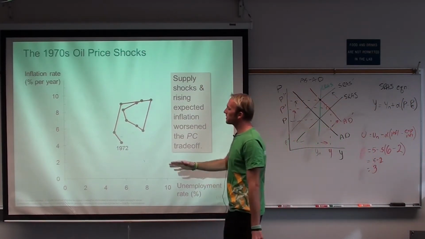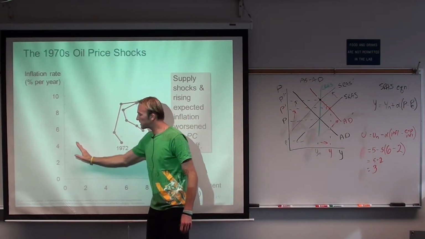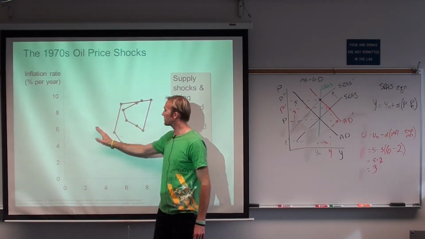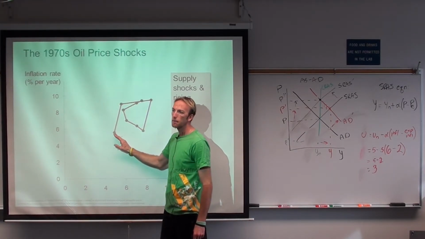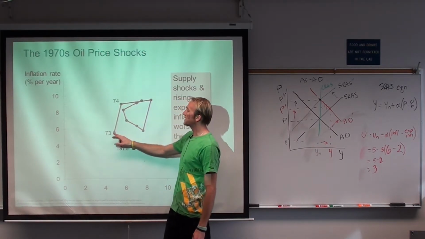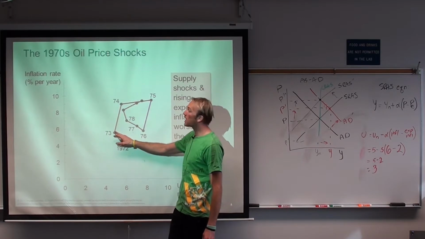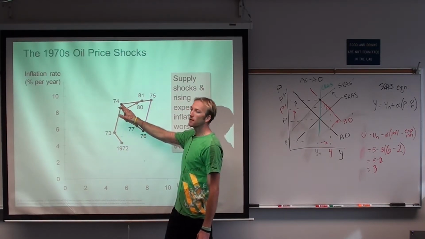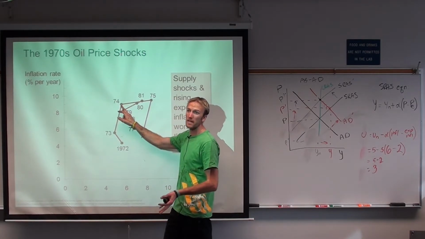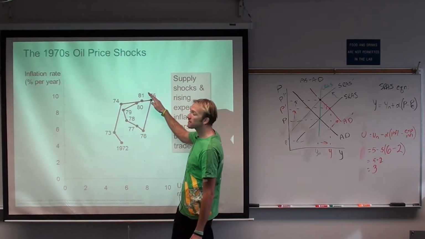So look, remember the old PC curve used to be down here, right? And then as people's inflation expectations started catching up, they got here and got on a new PC curve. But then all of a sudden, all kinds of bad stuff started happening. 1973, oil shock. 1974, the Fed starts pumping in more money, but people are expecting prices to go up anyway, so the Phillips curve shifts way over here.